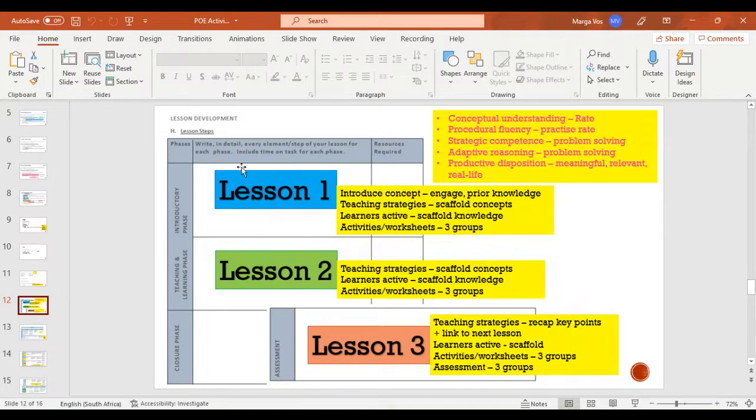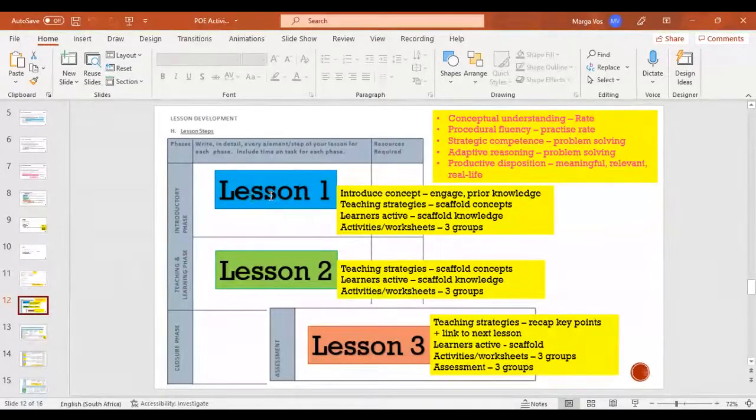All right. So in lesson 1, you are going to introduce the concept. So it will be conceptual understanding. You are going to engage with them, and you are also going to establish their prior knowledge. You need to mention in this lesson how you are going to use the teaching strategies to scaffold the concepts and how the learners are going to be actively involved in the scaffolding of their knowledge.